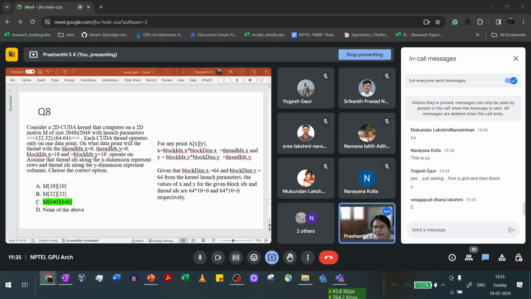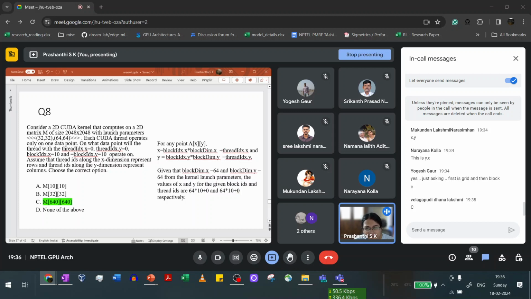It is C, 640, 640. Why is that? If you go by the calculation, you would come up with this sort of mapping. I think we did this last week where we had 2D kernels and 2D data. You take blockIdx.x, multiply it with blockDim.x, plus threadIdx.x.